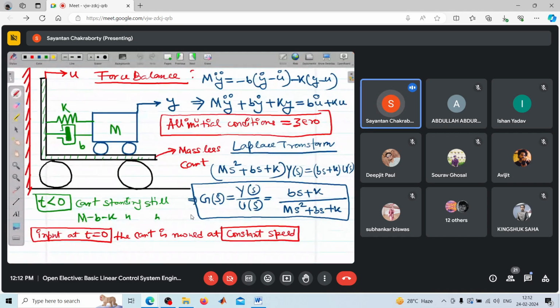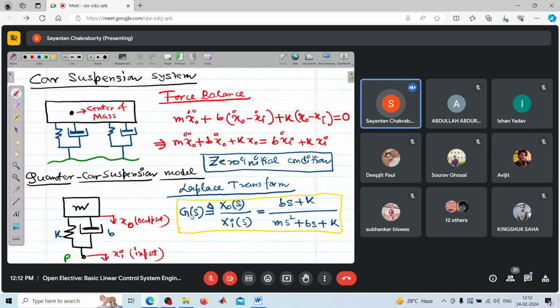So, in a sense, we can see that these two systems are analogous from the point of view of our study. Given any input displacement u, in this case, the behavior of y will be similar to the behavior of x0 with respect to the similar change in xi.